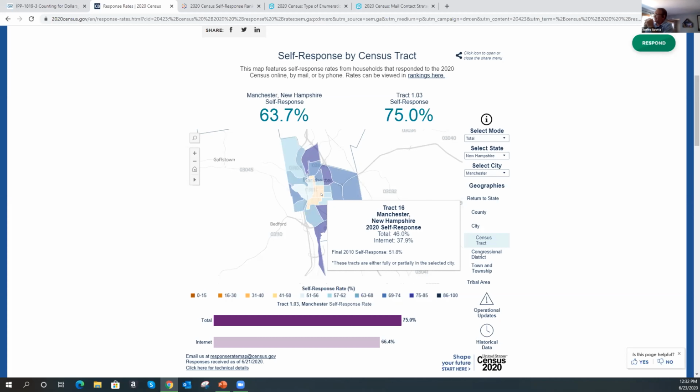One of the things that we're finding is that in some of these inner city tracts where you have underserved populations, people will not complete the census on their own. They usually want somebody to assist them. In 2010, we set up what we call mobile questionnaire assistance sites in libraries and with mobile clinics to help out those populations.